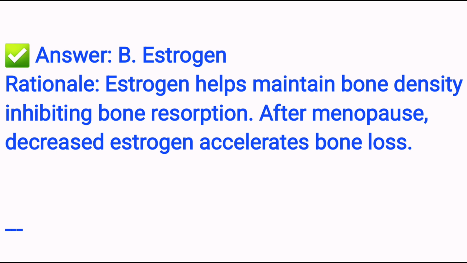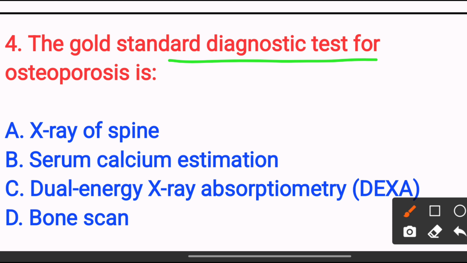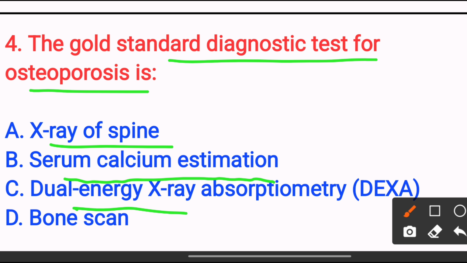Next, the gold standard diagnostic test for osteoporosis is: option A, X-ray of the spine; option B, serum calcium estimation; option C, dual energy X-ray absorptiometry, DEXA; option D, bone scan.